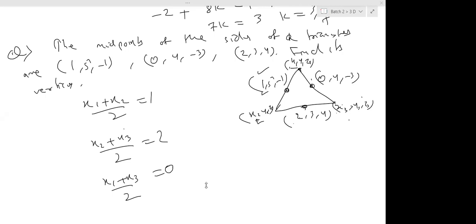Sir, I didn't understand this one. Rahman, you are audible but very low sound. Okay, this one is x3, y3 and z3: x1, y1, z1, x2, y2, z2, x3, y3, z3. Okay, sir.